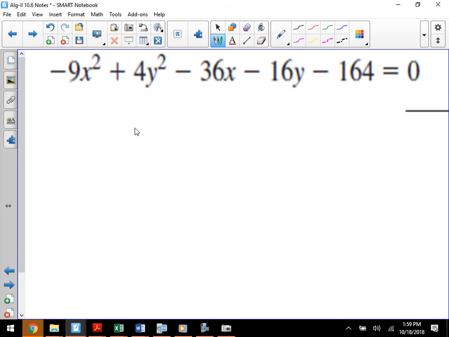So this doesn't look like anything we just did, does it? So, ladies and gentlemen, turn the page over and get another sheet of paper.